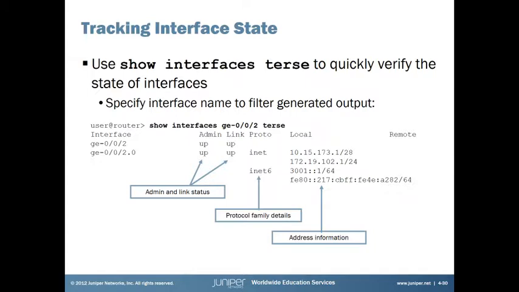Okay, show interfaces terse, which is a command I've shown you, like Cisco's interface brief, quickly verifies the state of the interfaces. And we go through. We'll see they're up. We'll see the protocol family that's used, and the addresses that are there. In this case, we've got an example of inet6 with some IPv6 addresses, and you notice in both cases we've actually got multiple addresses on each of those interfaces.